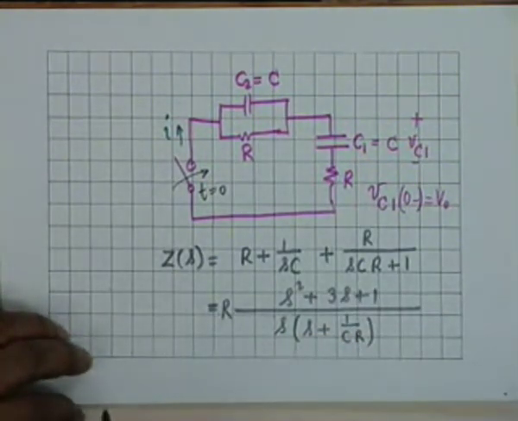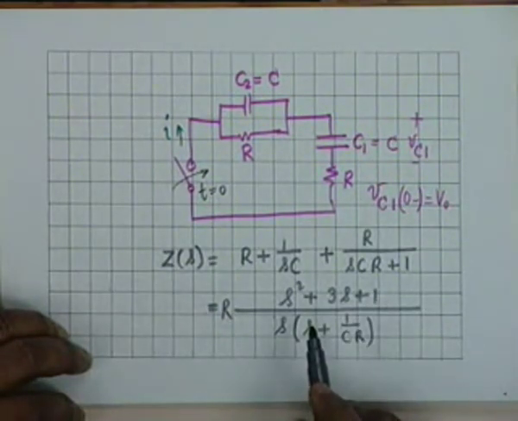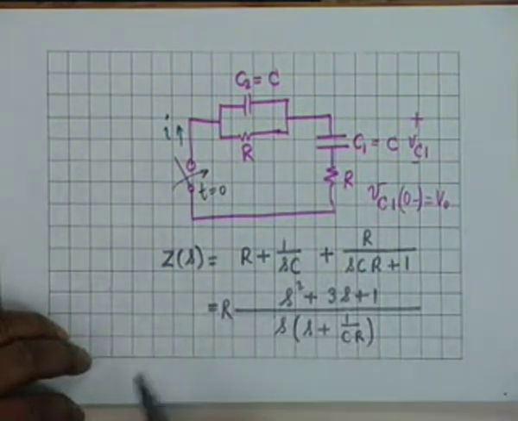Alright. And since I am trying to find the natural current response, I have assumed values.